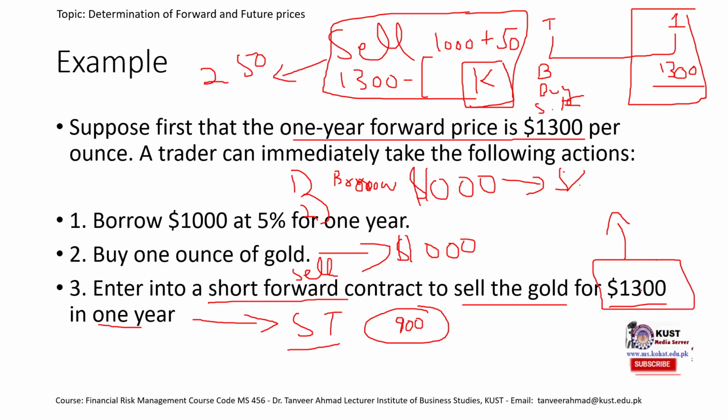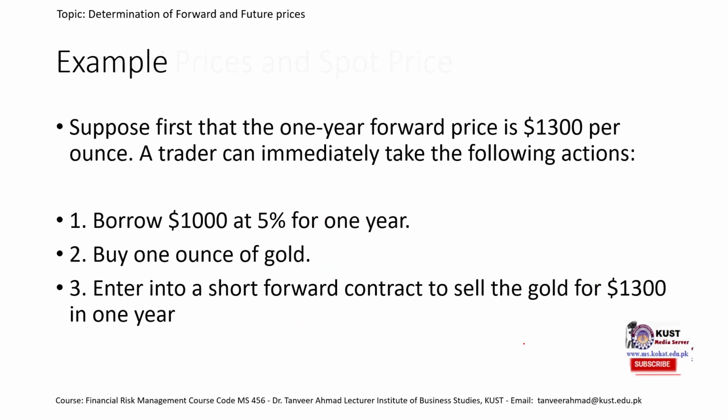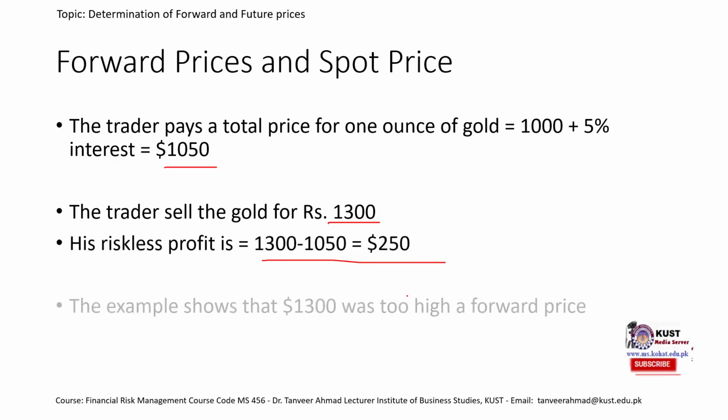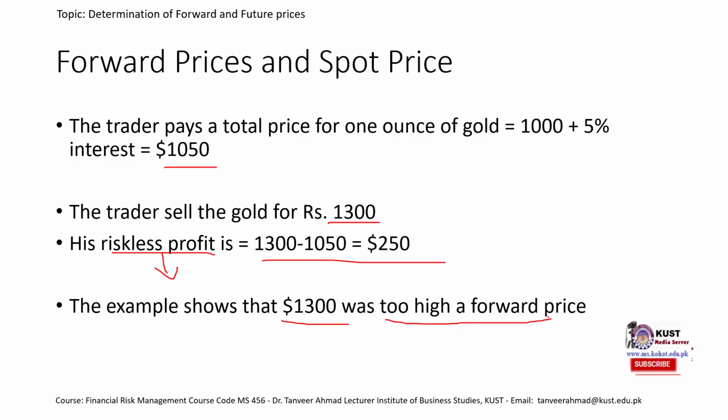It shouldn't have been 1,300, right? It should have been lesser than 1,300. We have already discussed this cost. The trader would sell it at 1,300. The profit would be 250. It would be riskless profit. We have seen why it would be a riskless profit, and then we concluded that this 1,300 is too high of a forward price.